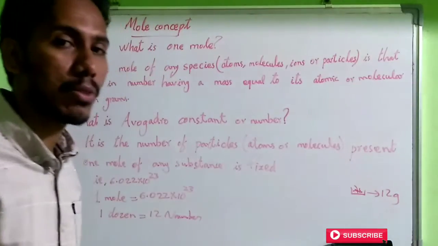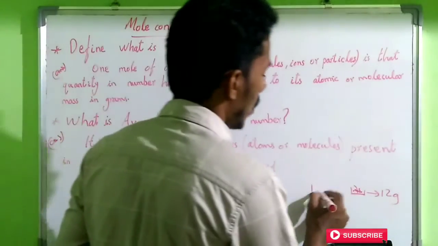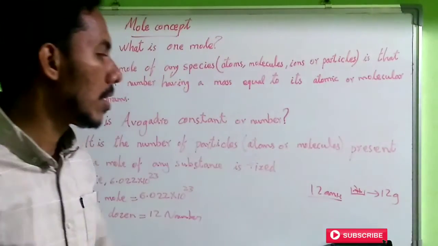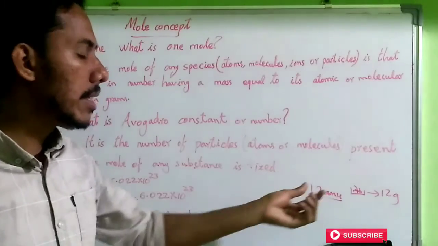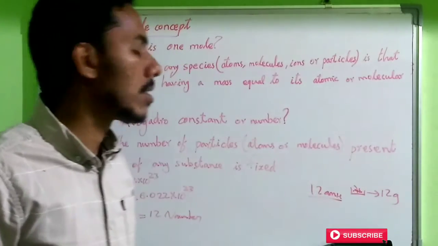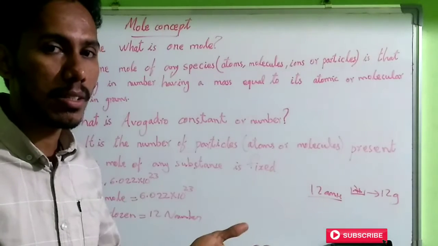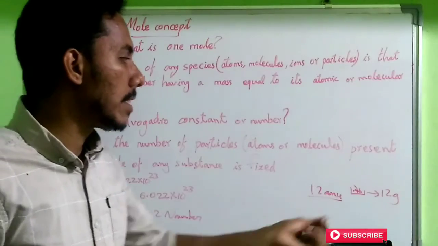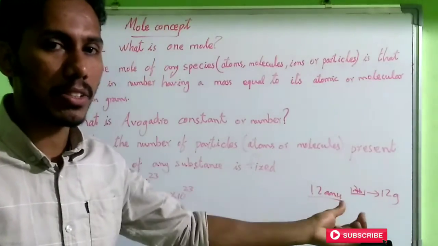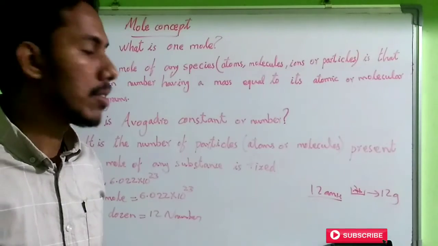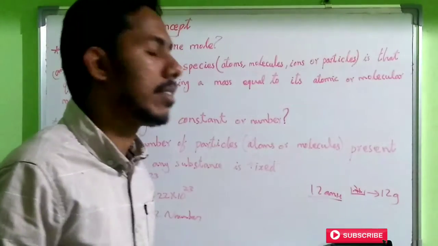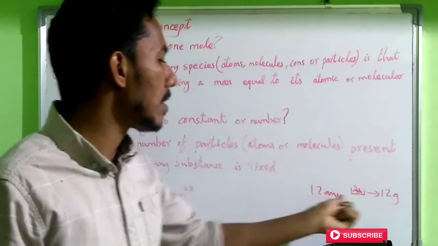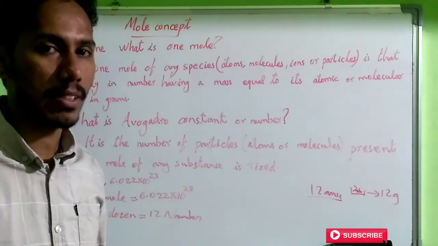The atomic mass of carbon is 12 AMU, and I take 12 gram of carbon in a dish or in a beaker. So this quantity is called 1 mole because it is the same as the atomic mass.